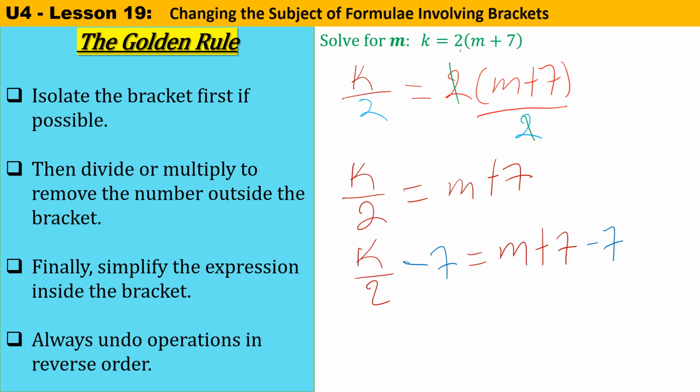Positive 7, negative 7 cancel out each other. It's saying I owe you 7 and I have the 7 and give to you. So I owe you nothing. K over 2 minus 7 is equal to m. This should be getting easier.